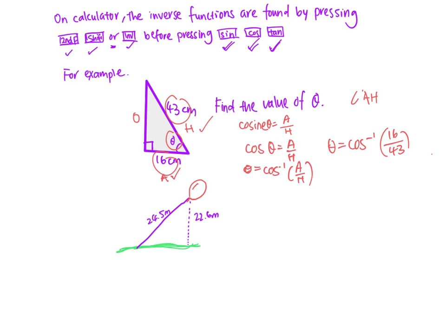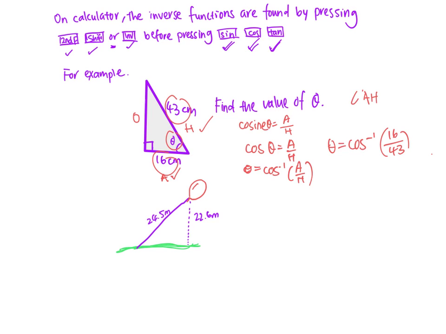What I will do here is press second F, and then press shift, and then press cos, and from there it will come out as an open bracket.